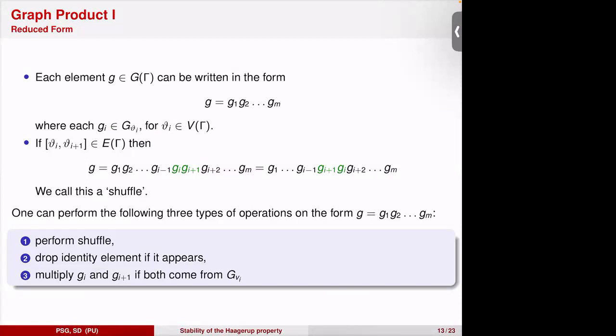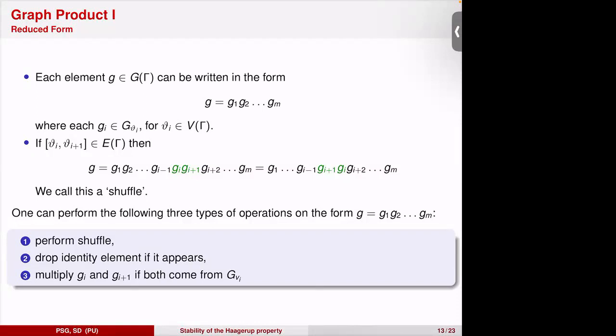So in the graph product situation, you have something called a reduced form. So what is a reduced form? Any element g from the group can be written as a product g_1 to g_m, where each element g_i comes from some vertex group. And whenever you have an edge between the vertices v_i and v_{i+1}, you have this kind of shuffling in the product form.